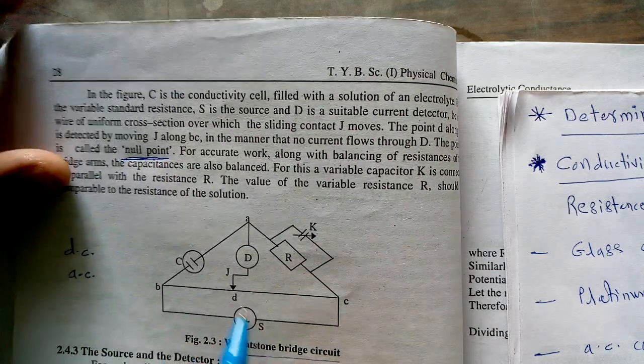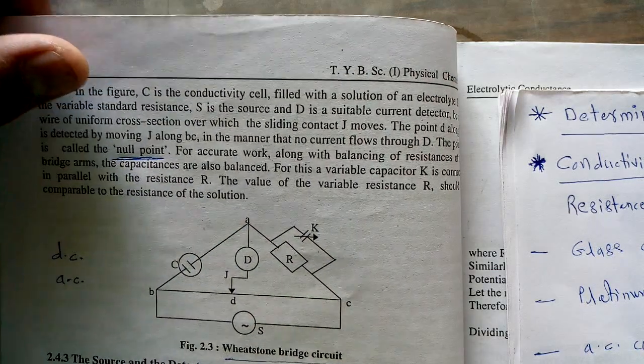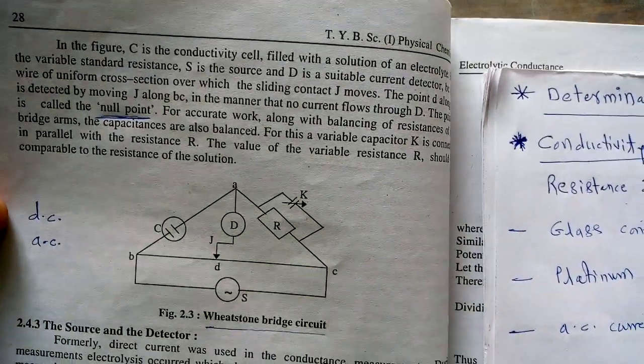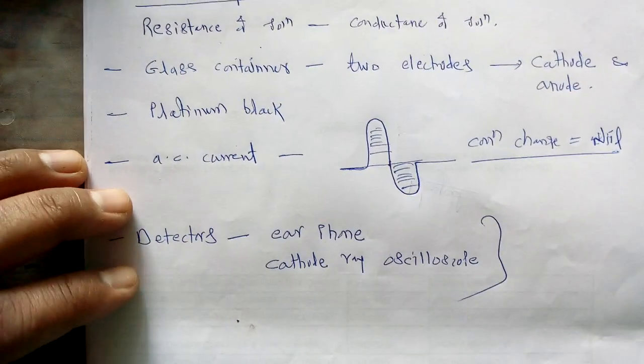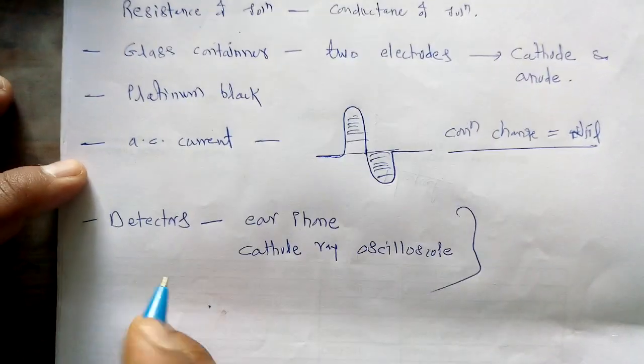After considering this circuit diagram for the conductivity cell, the next important point we are going to study is the calculation of resistance of a solution.